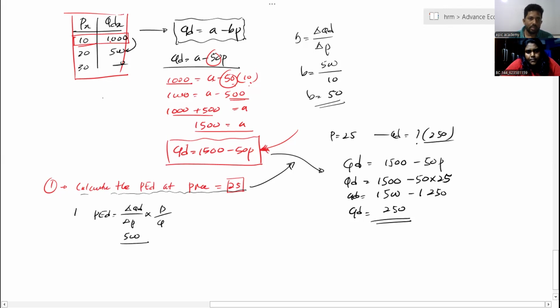Delta P means the price change, it is just 10. At price 25, is the change 5 or 10? No, it is just certain prices.